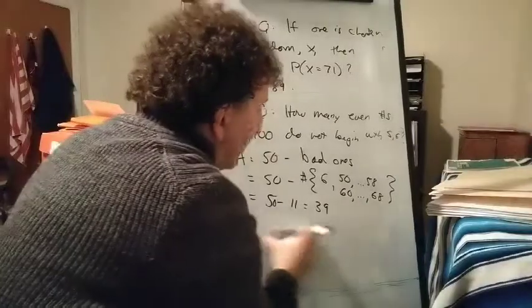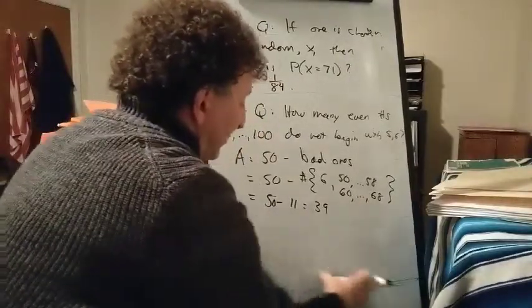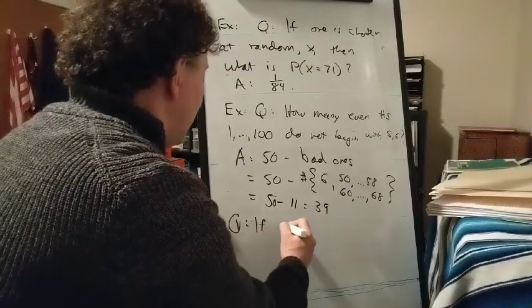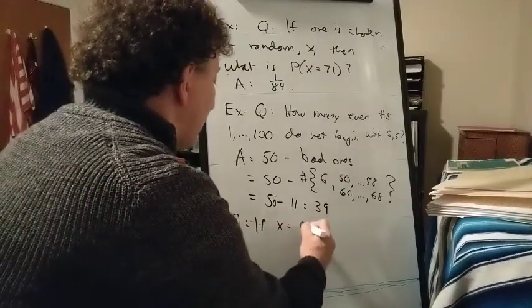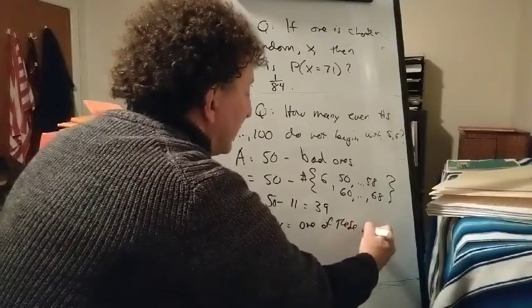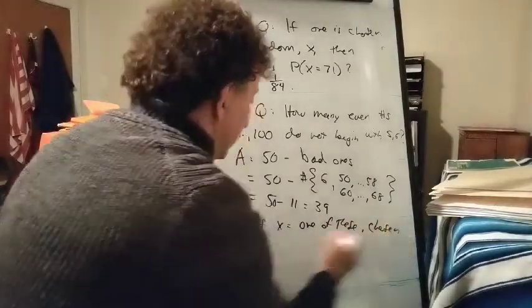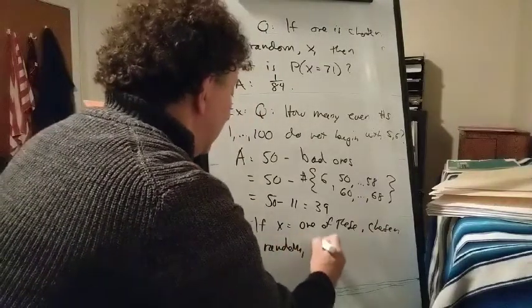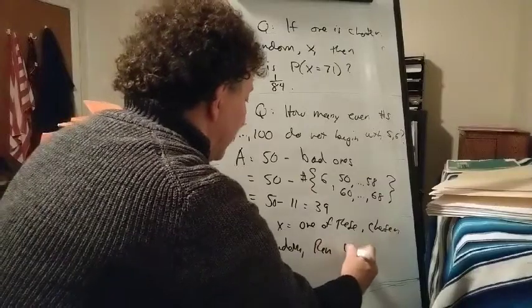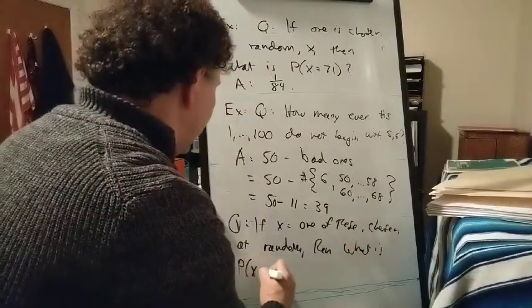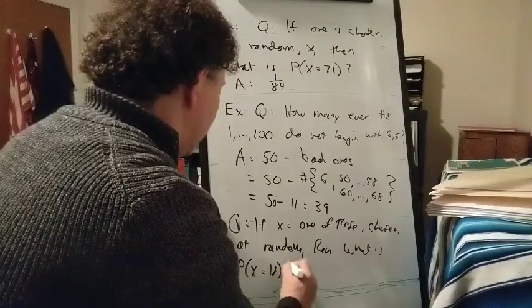And if one of these even numbers that doesn't start with 5 or 6 is chosen at random, so if X is one of these chosen at random, then what is the probability that X equals 18?